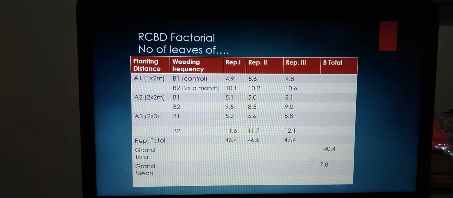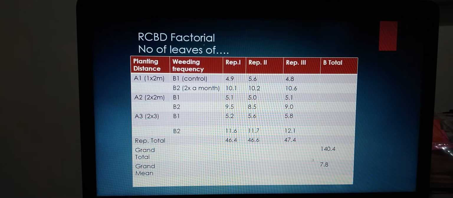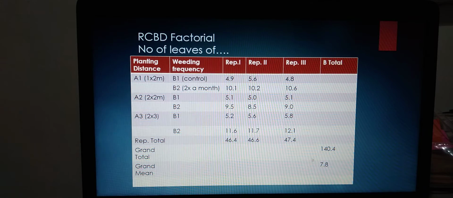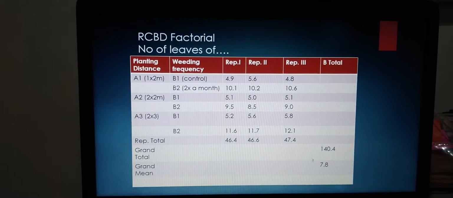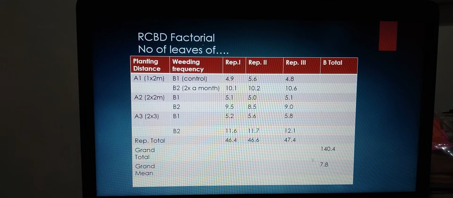So supposedly all of these data are only examples on how to solve the experiment.